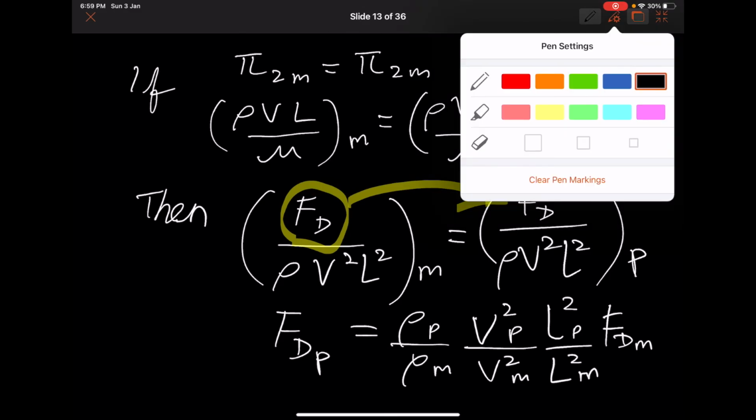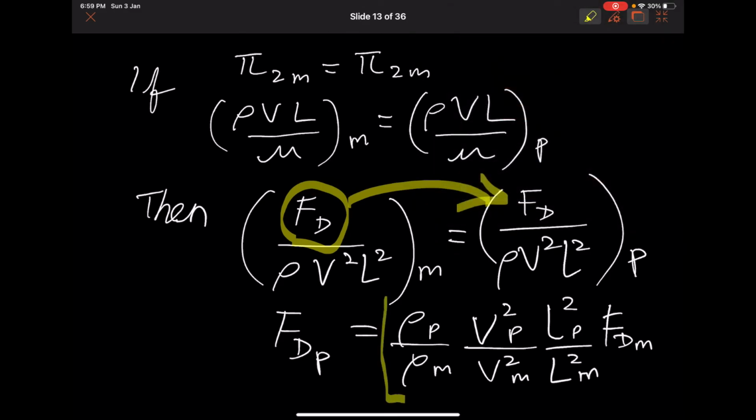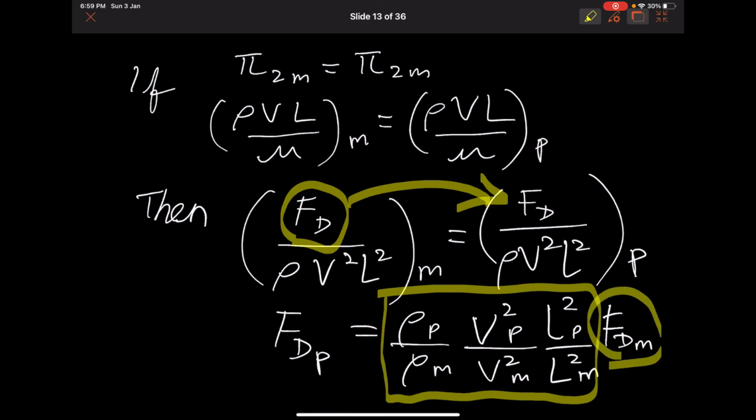So, knowing all the ratios of these, and once we determine the force of the model, then we can predict the aerodynamic force on the prototype.